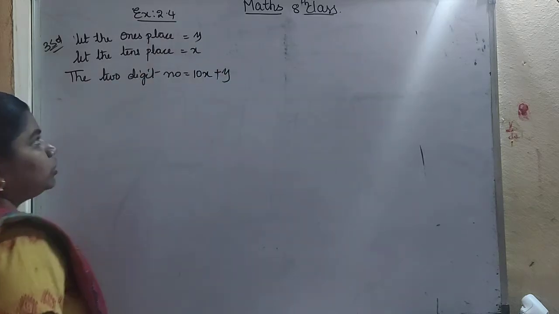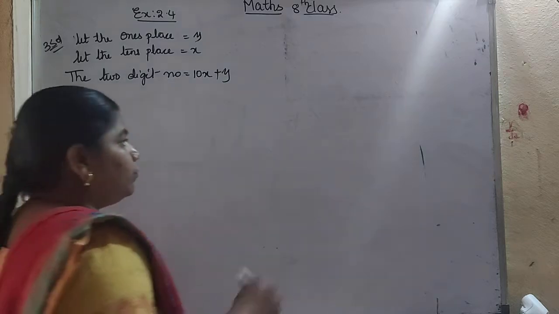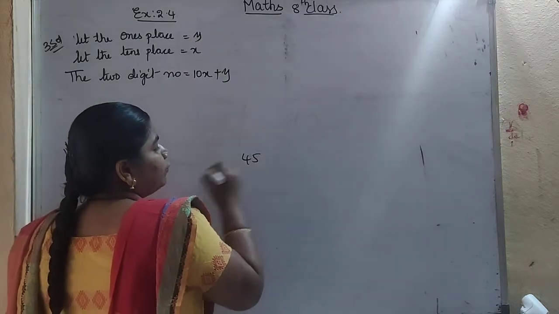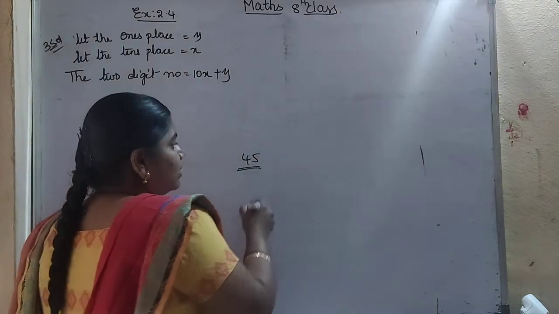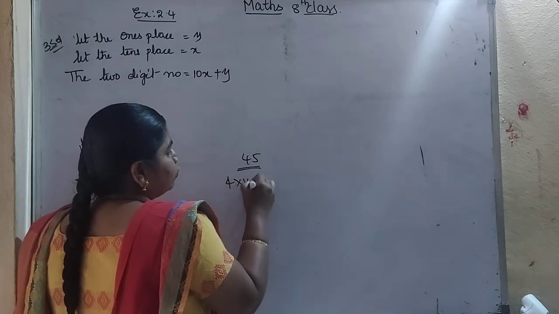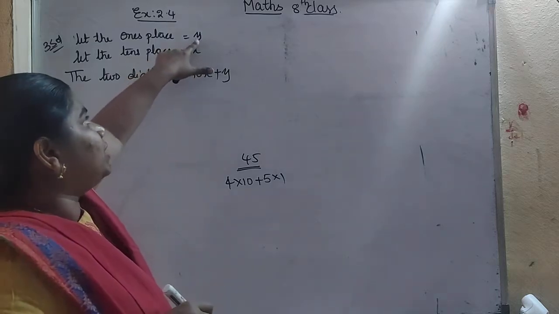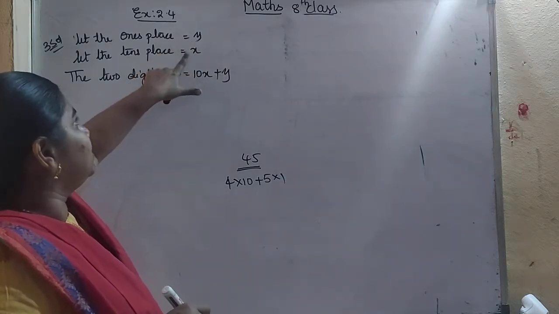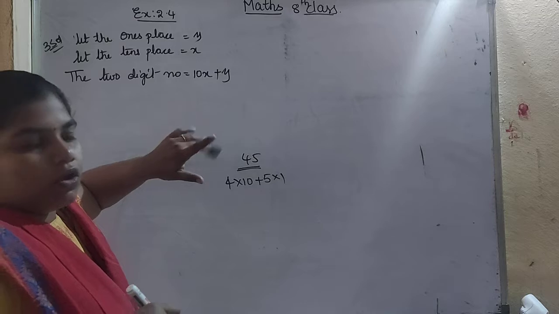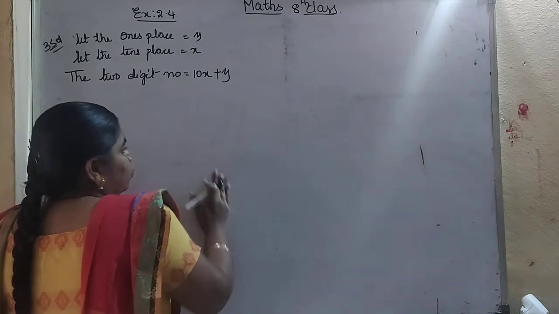So this is the original value. Okay, so if you take any number as 45, how will you write this? How to expand this? You will write it in the form of 4 into 10 plus 5 into 1. Is it right? In the same way, this y is 1 into y plus this x is 10 into x. Okay, so this is our 2-digit number.